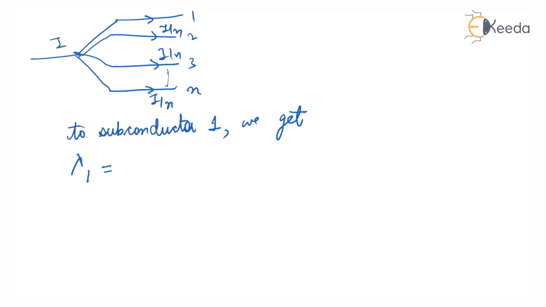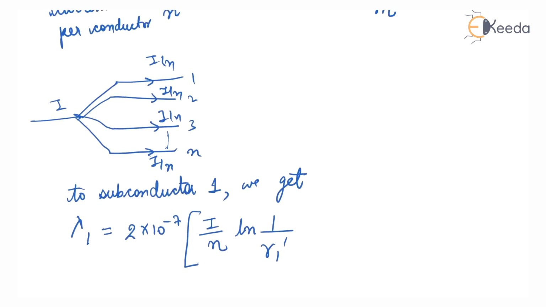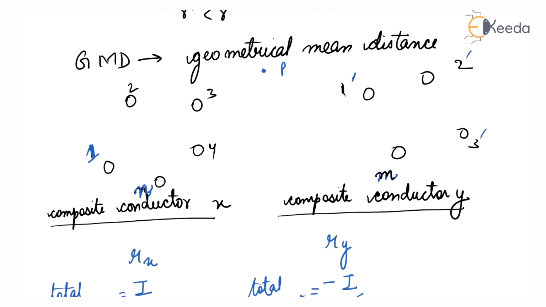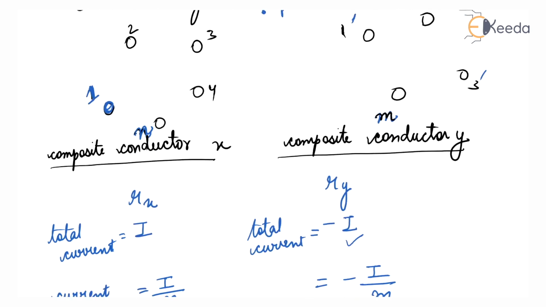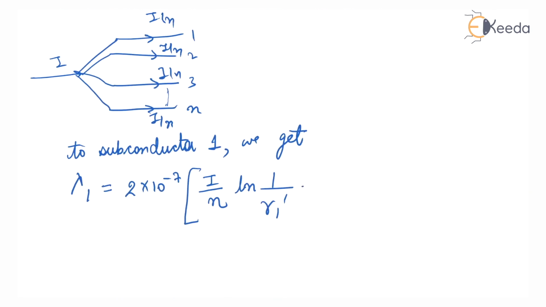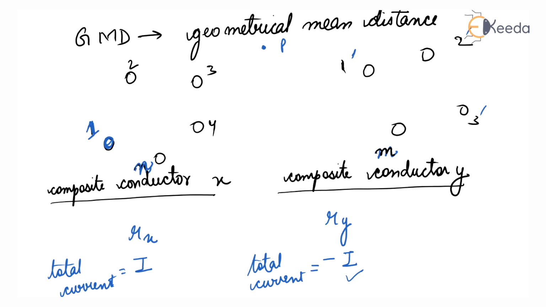So lambda 1 is equal to 2 into 10 to the power minus 7 I by n ln 1 by r1 dash. See this, the radius of this conductor is r1 dash, plus I by n ln, now this one, the distance from 1 to 2, 1 to 3, 1 to 4 up to 1 to n.